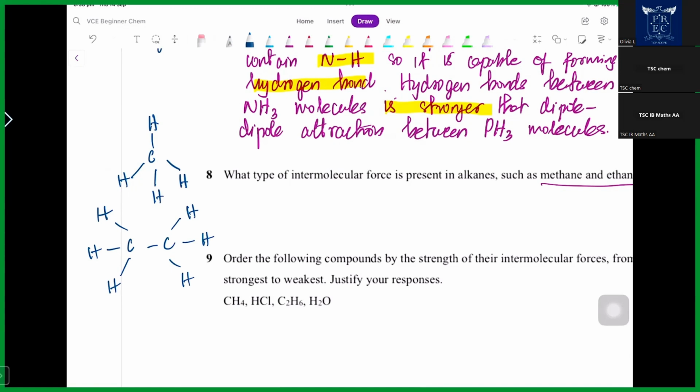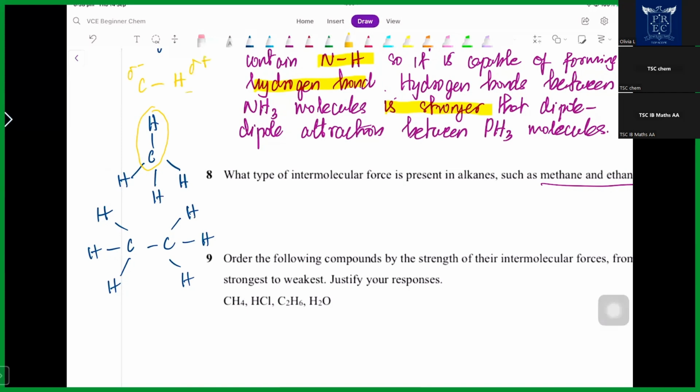What's your question? How are you going to determine whether they are polar or not? First of all, you need to look at a particular bond. Remember last week we mentioned C and H. If you have only C and H, C is more electronegative than H. So in this case, this side will be negative and this side will be positive.